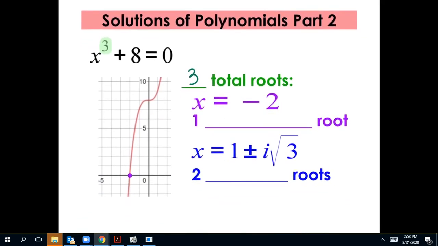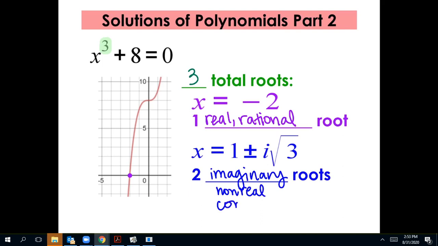And here again, I'm going to say that we have one real rational root, and then the other two are imaginary, or not real, or complex. Those are all things we like to say for the same thing.